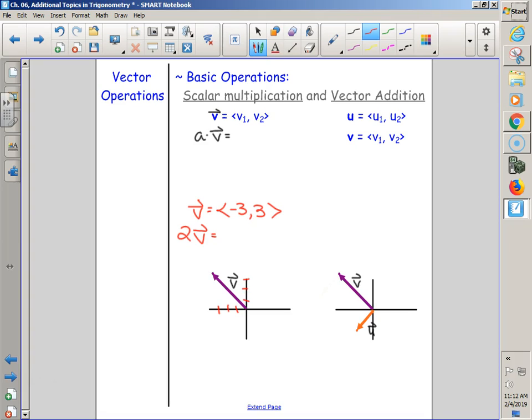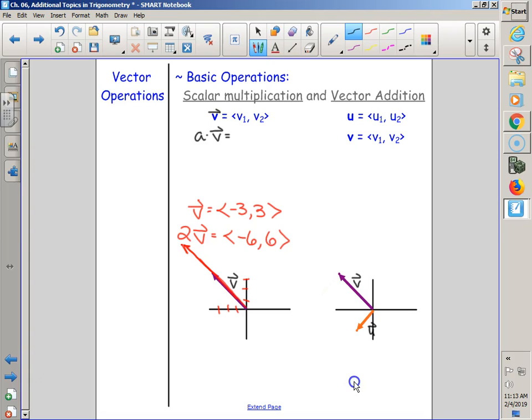If ever they show that, what they're actually asking for is this vector to be double its length. What do you guys think happens if we double the length of a vector to its components? Yeah, but how much larger? Instead of going negative 3, we're going to go negative 6. Instead of going positive 3, we're going to go positive 6. We're going to double the components. It's as easy as that.